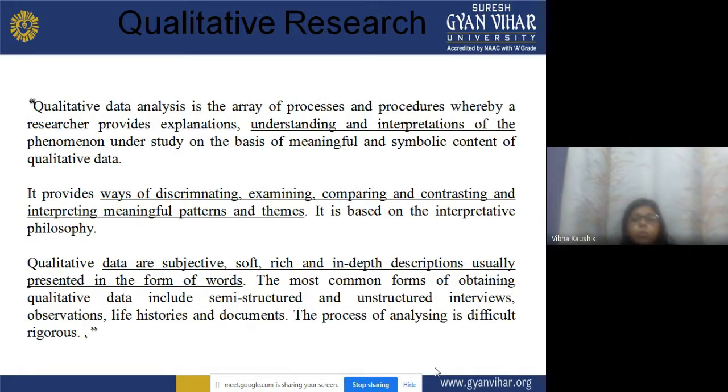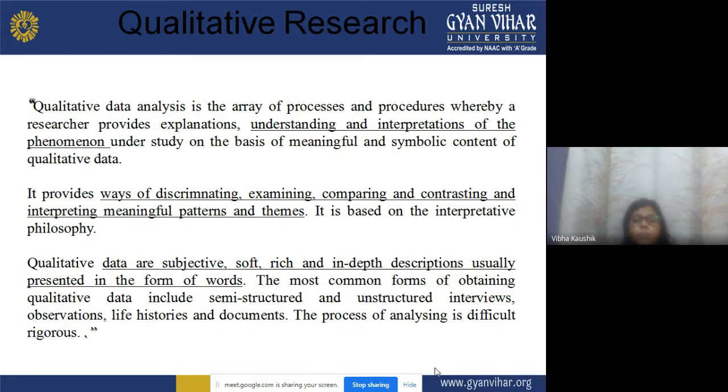It is based on the interpretative philosophy that the qualitative research follows. Qualitative data are subjective, they are not objective. Soft, rich, and in-depth descriptions usually presented in the form of words.